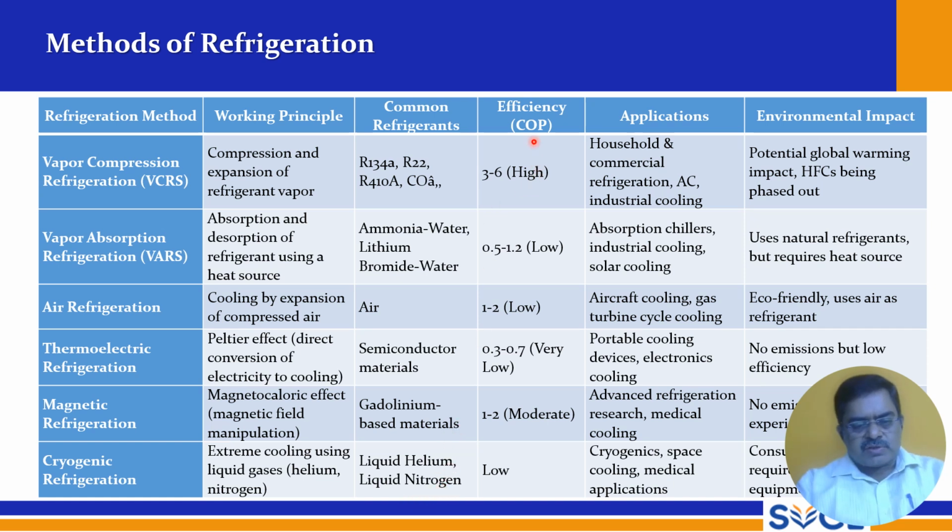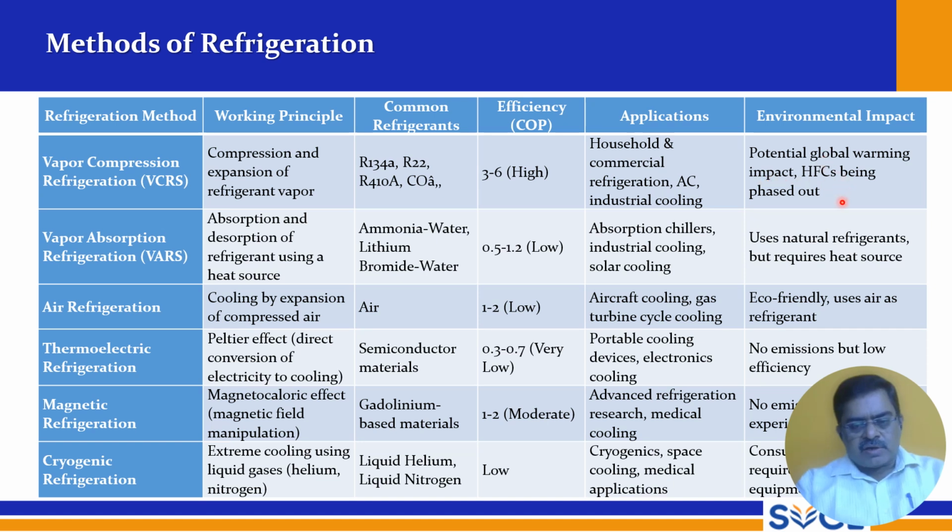So COPs, when you see here, the vapor compression refrigeration system is giving very high COPs, that is 3 to 6, whereas all others give very low COPs. That is why the vapor compression refrigeration system is very popular. It is used in household and commercial refrigeration, AC, and industrial cooling, and it has a potential global warming impact.